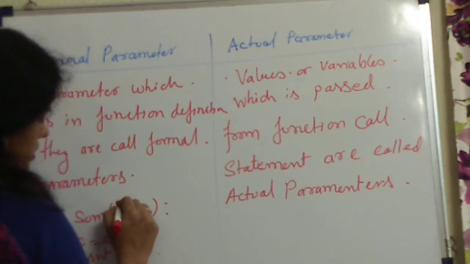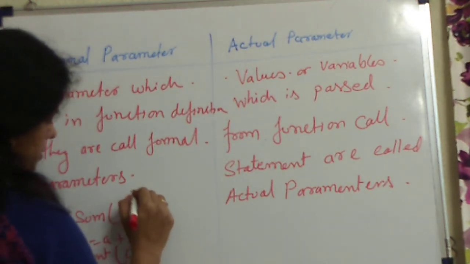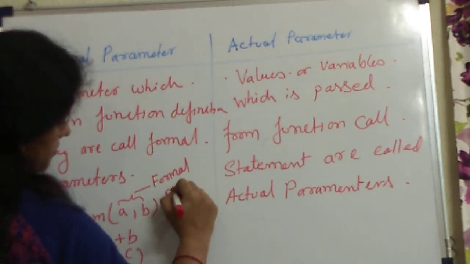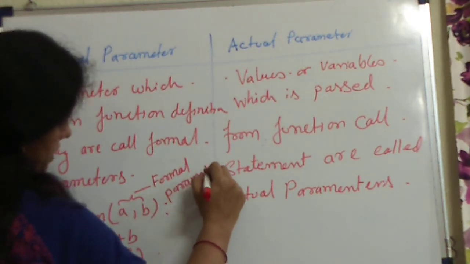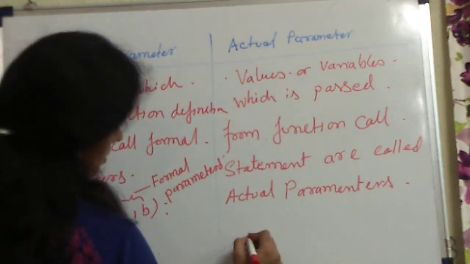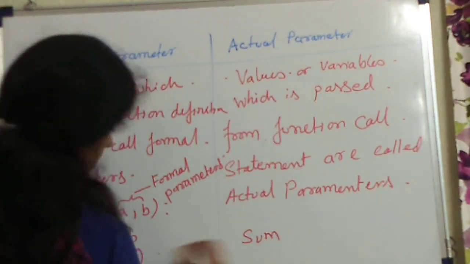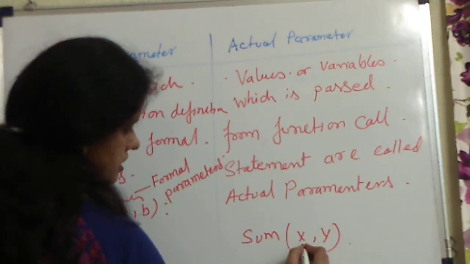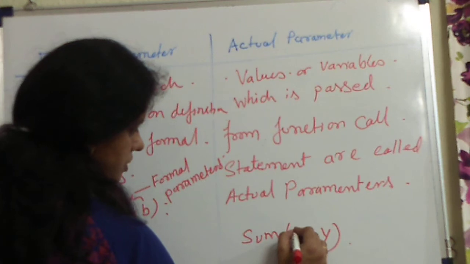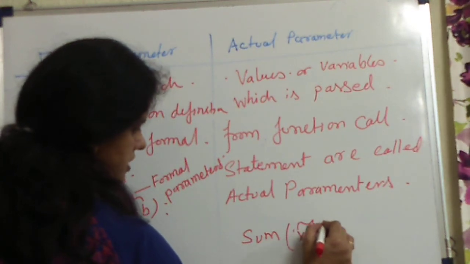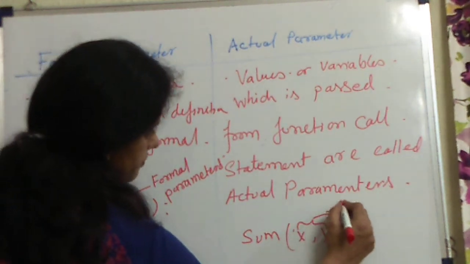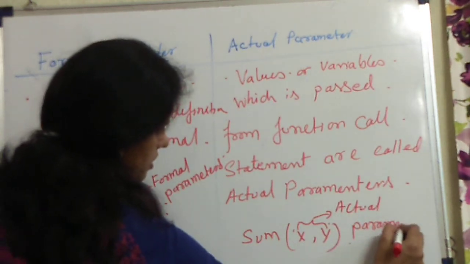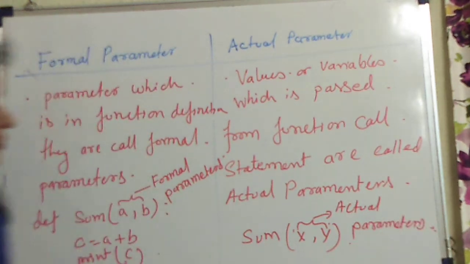So these are formal parameters, and when the function is called and a value is passed, this x and y is called actual parameters.